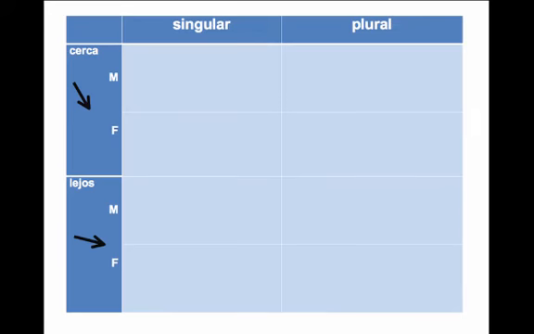So let's look at this chart here for all the different forms of the demonstrative adjectives. So if we have a singular object that is masculine, for example, el traje. If we want to say this suit, we say este traje. If it's plural, we say estos trajes.